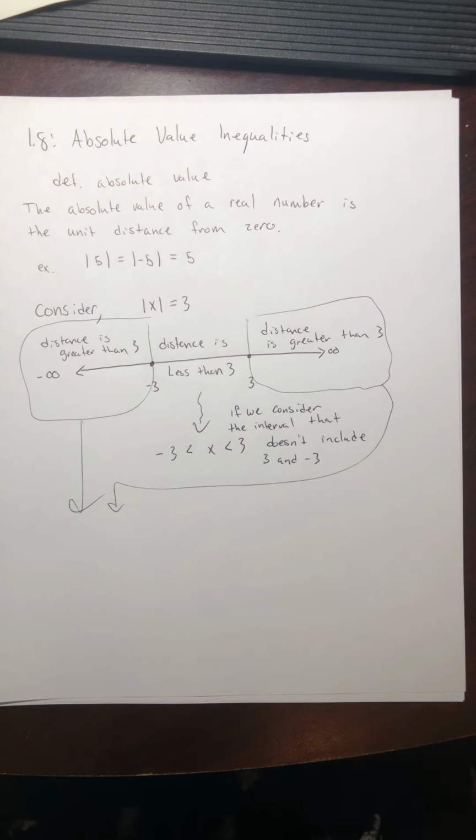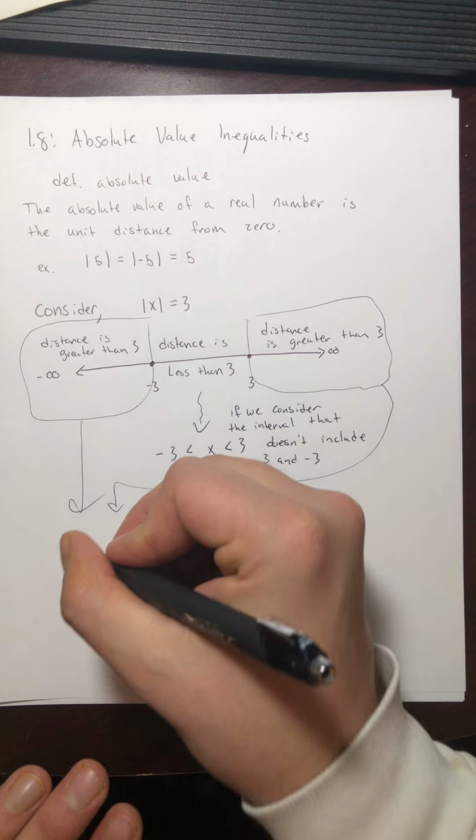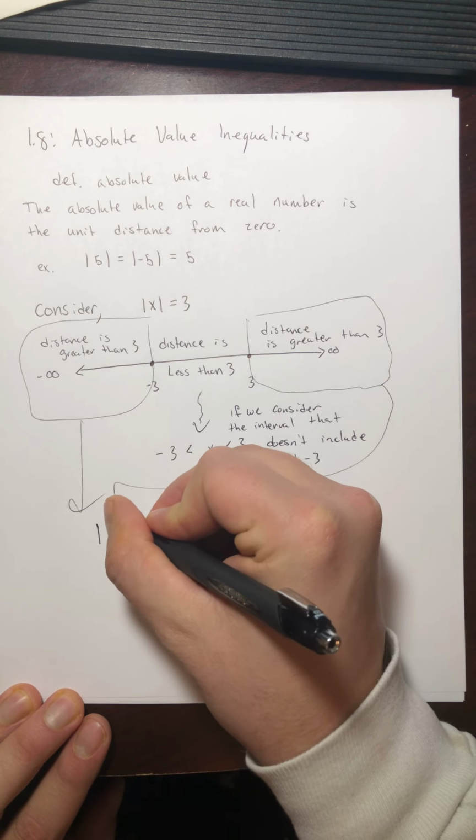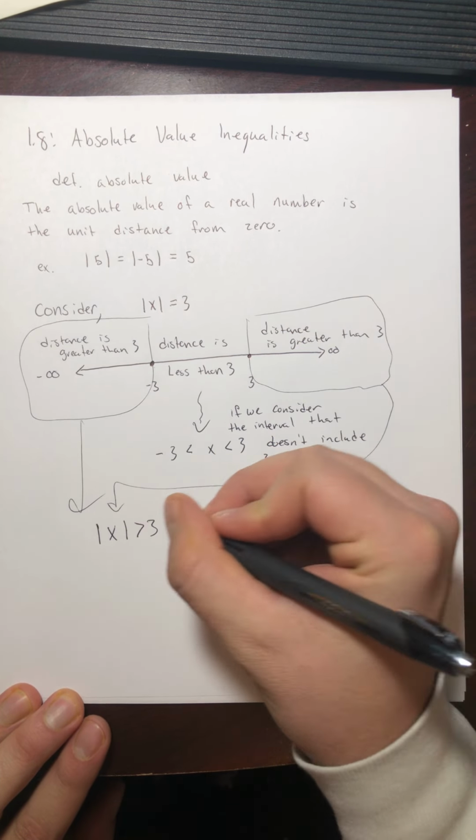The distance is greater than 3, which means that the absolute value is greater than 3. So absolute value is greater than 3.